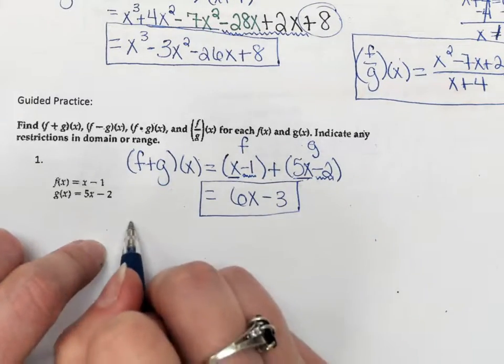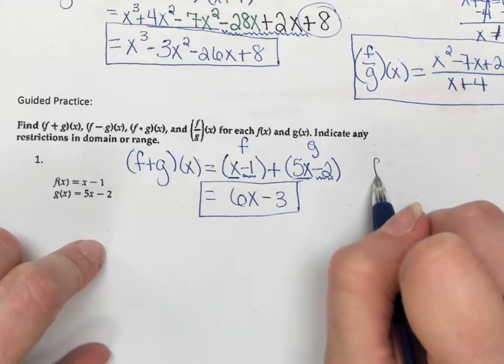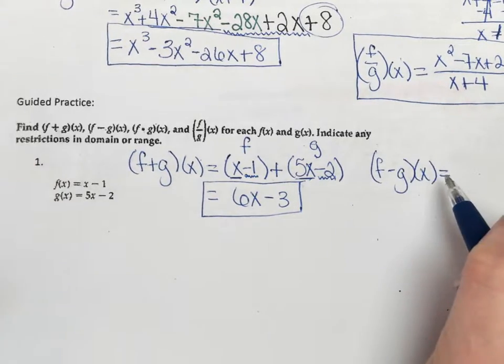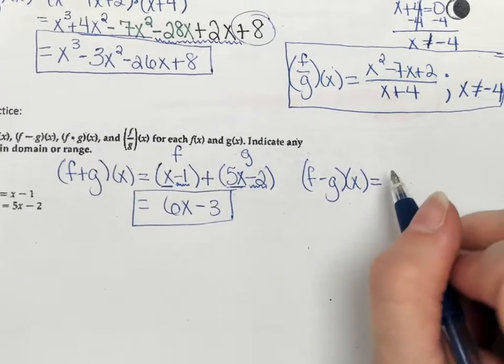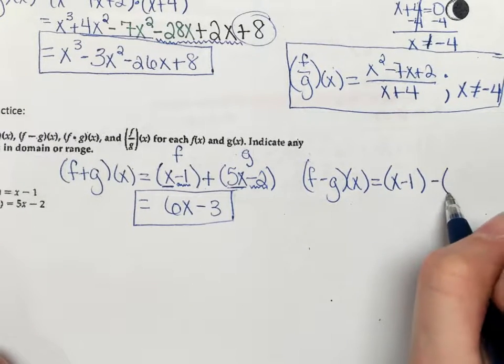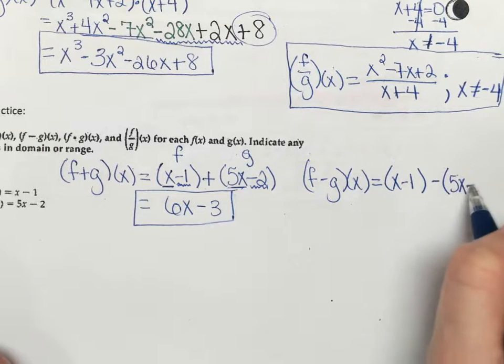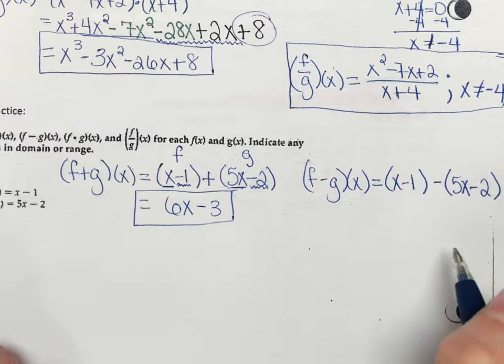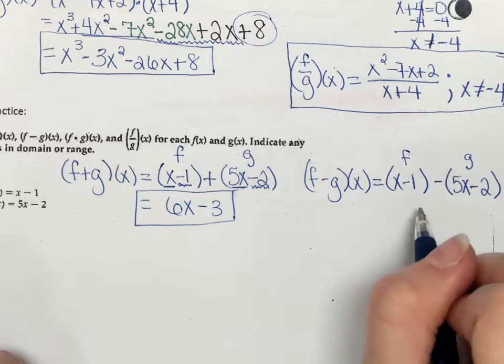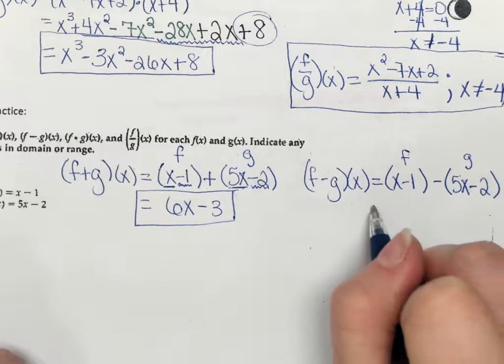All right, then it wanted us to subtract them, so let me come over here and do that. Okay, you're going to take your f of x function, which was x minus 1, and you're going to subtract your g of x function, which is 5x minus 2. So this was f, and this is g. So f minus g. All right, here we go.